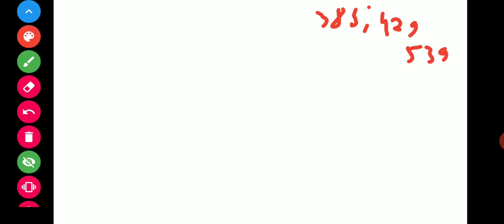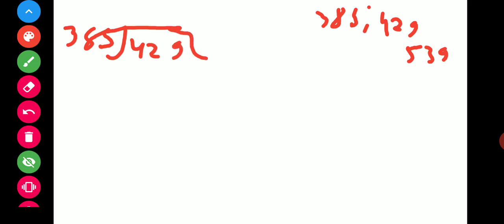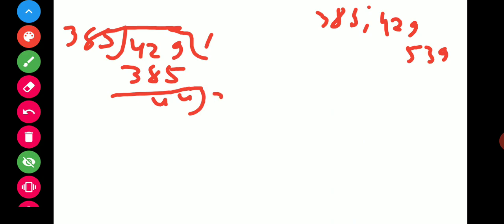First of all, we can do it with the help of the division method. So 429 divided by 385. First of all it is 1 time. Subtracting, we get 44. Now 385 divided by 44 is 8 times.